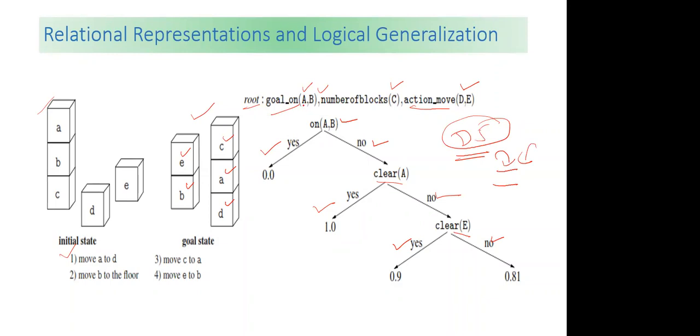Our goal is A comma B, and the number of blocks is C, and the actions will be D and E. The same thing we have represented with the help of this diagram, and this diagram is known as relation representation and logical generalization.